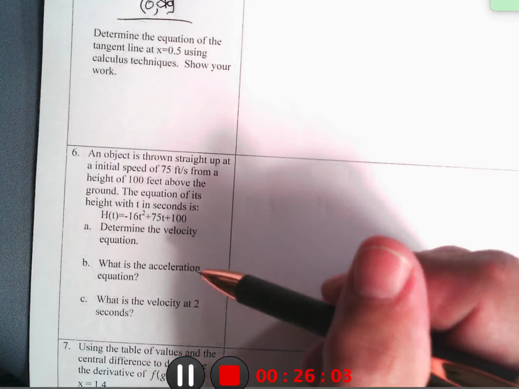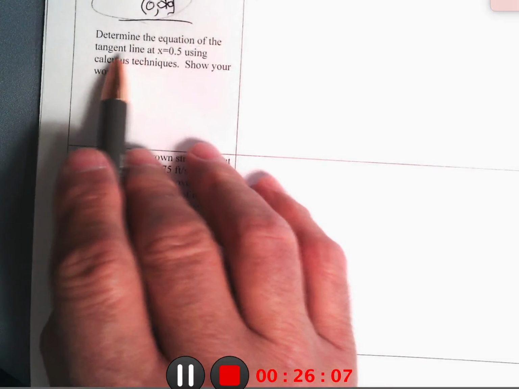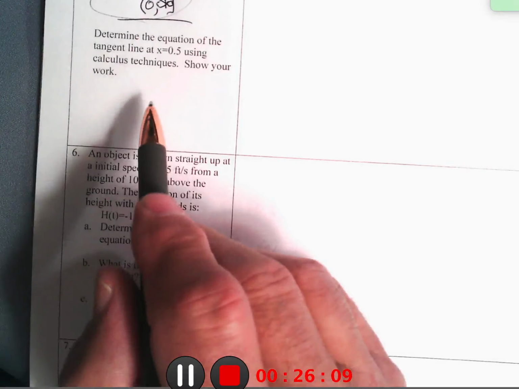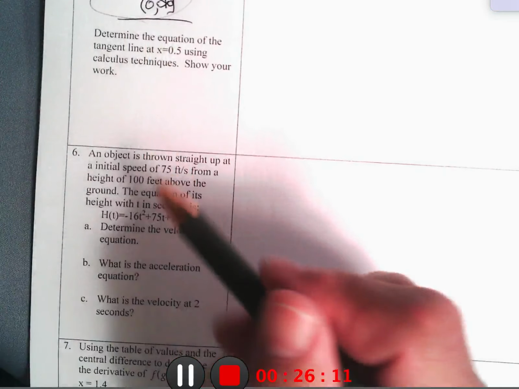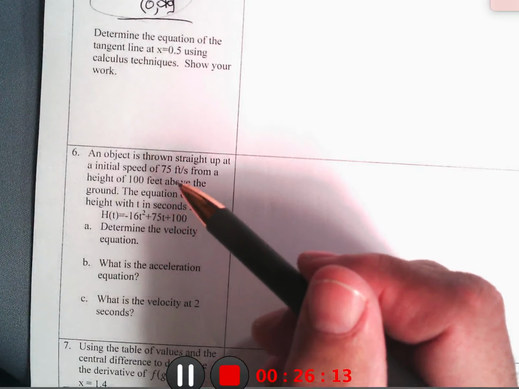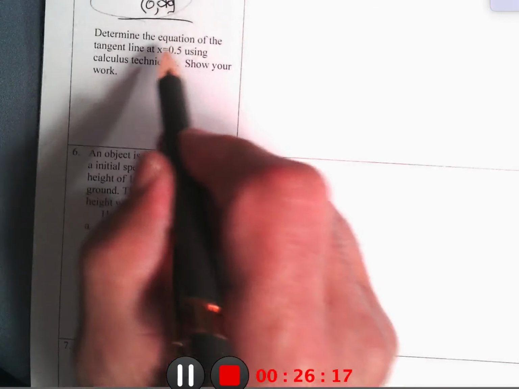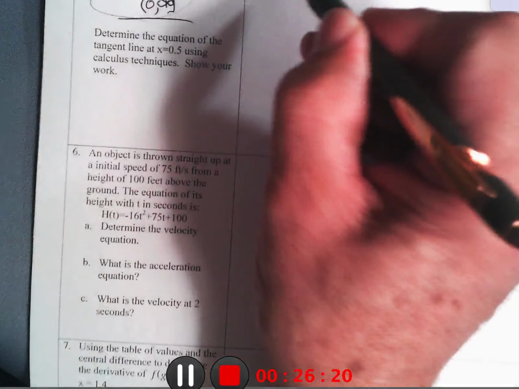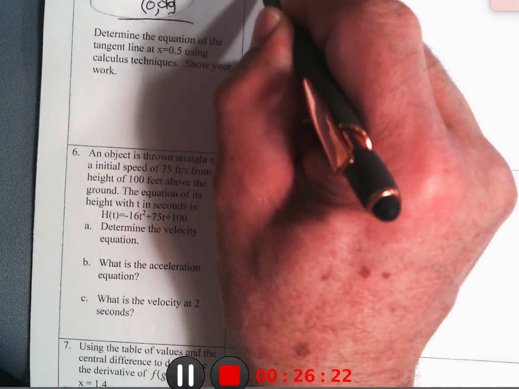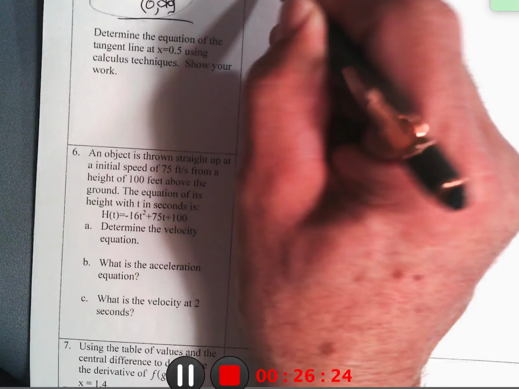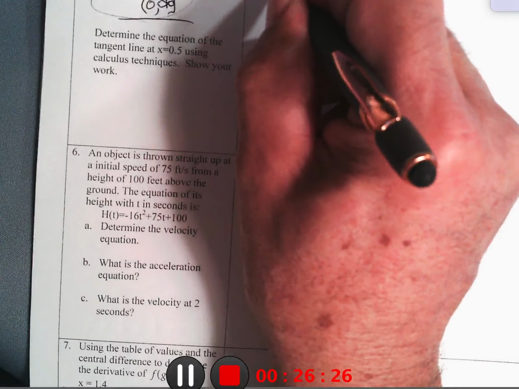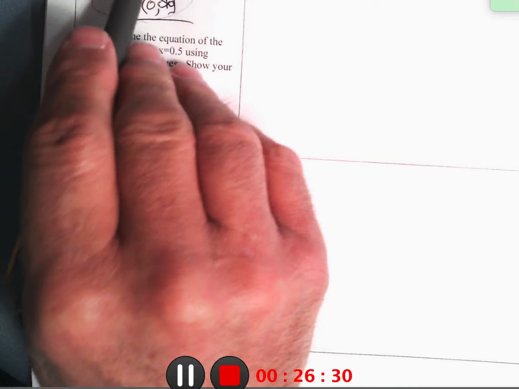So determine the equation of the tangent line at point 5. Well, we can do that because it is differentiable on that range. So let's now find the equation of the tangent line. So we're going to write f prime of x and find the derivative. And this looks like a sum. This has chain rule.